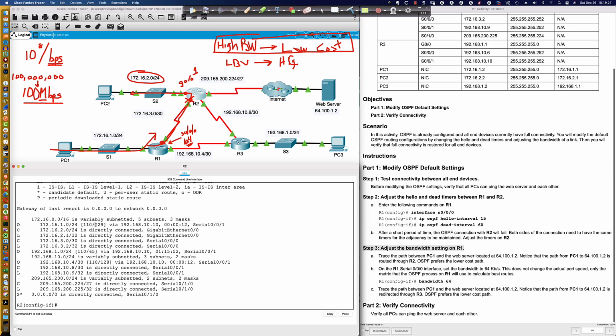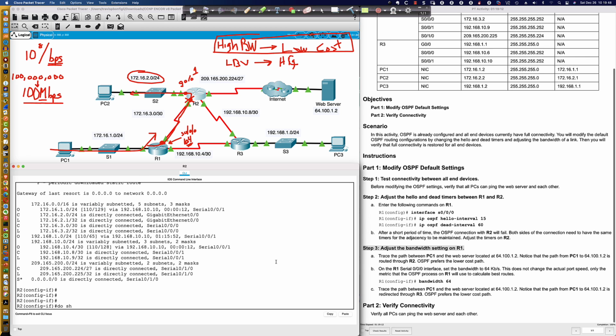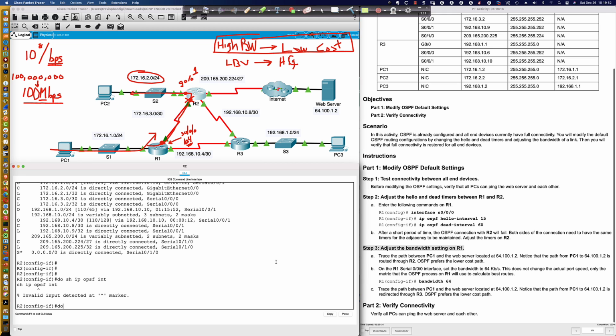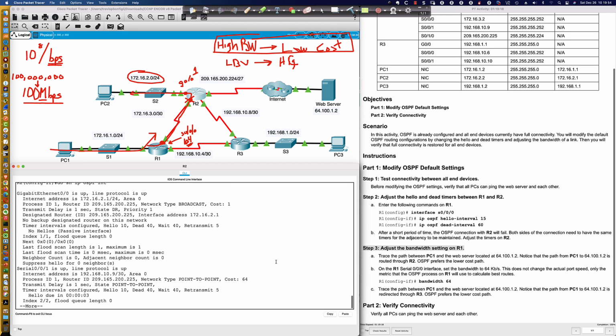And now my cost is 129 to go this direction, right? To come out here and go southbound and then I guess to the left, depending on how you're looking at it, we'll say headed west, right? But now we're coming this way because 129 is going to be less than what? Do show IP OSPF interface.